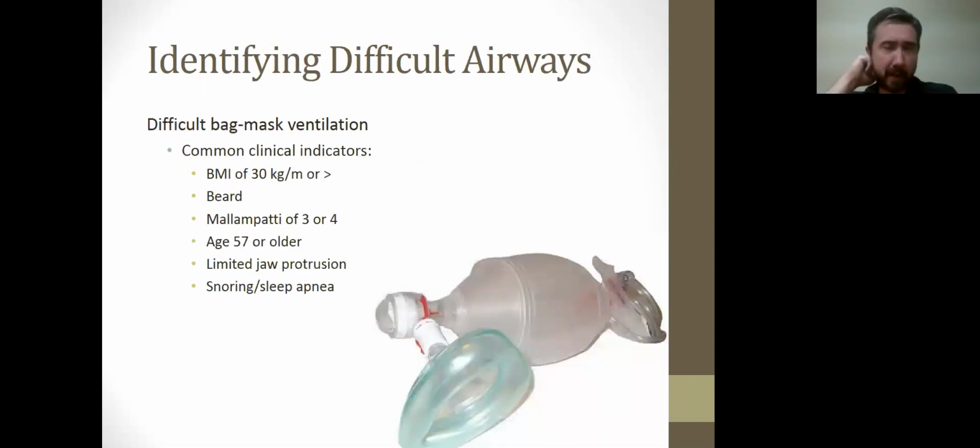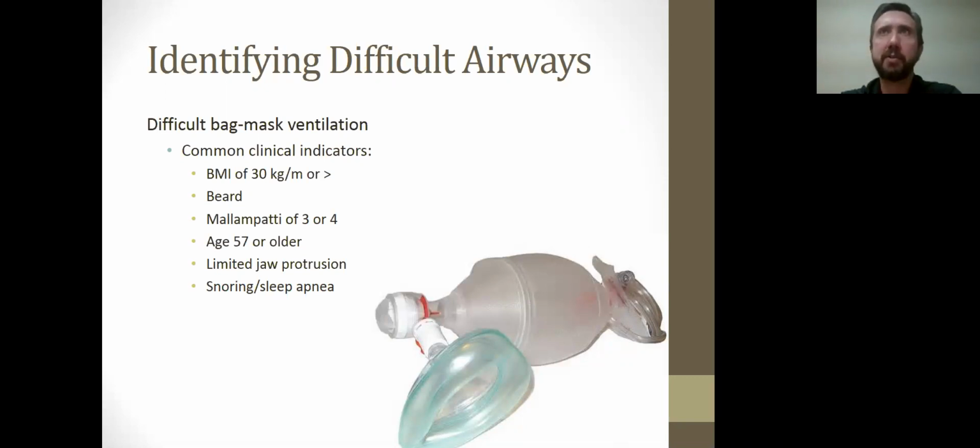So identifying a difficult airway, it's very important that we identify the difficult airway. We're going to talk about some specific methods, and there are several of them out there, but we're going to touch on just a few. If I don't mention everything here, please do some research and expand your knowledge.